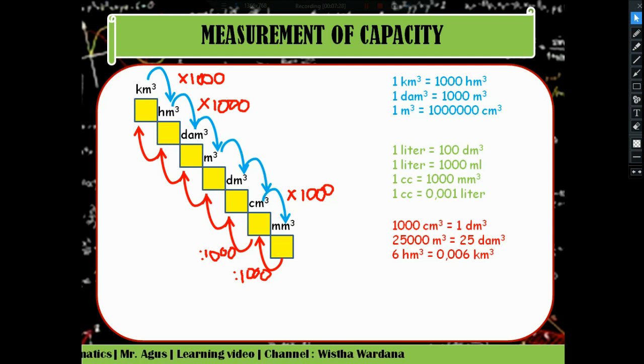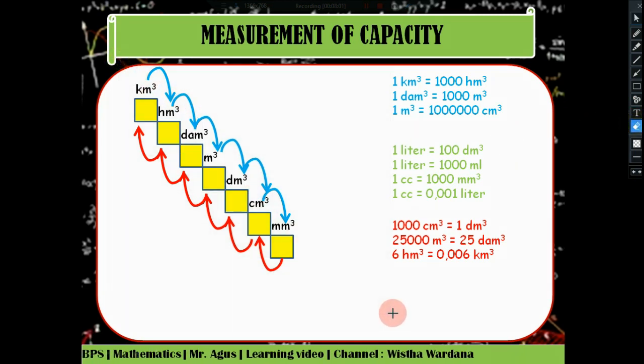So 1 liter equal to 100 cubic of decimeter, and 1 liter equal to 1000 milliliter. 1 cc equal to 1000 cubic of millimeter, and 1 cc equal to 0.001 liter. Do you understand?